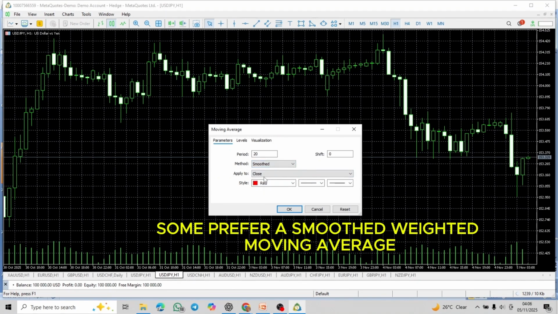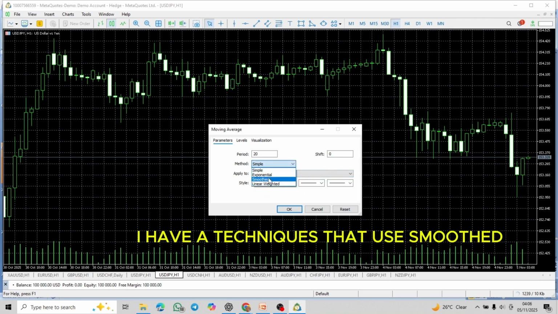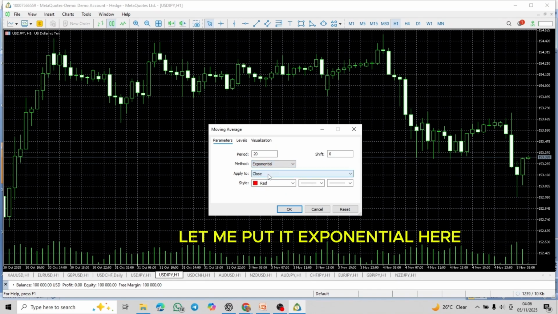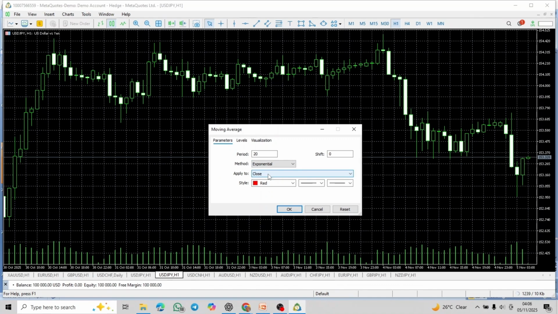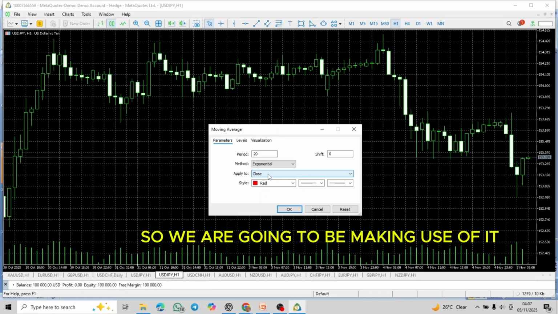I have techniques that use exponential. I have techniques that use smoothed. So whichever one you prefer, let me put it exponential here, and let's say we are considering period 20. As a matter of fact, period 20 moving average is a core part of our trading methodology. So we are going to be making use of it.